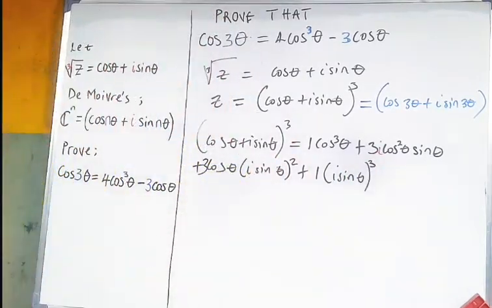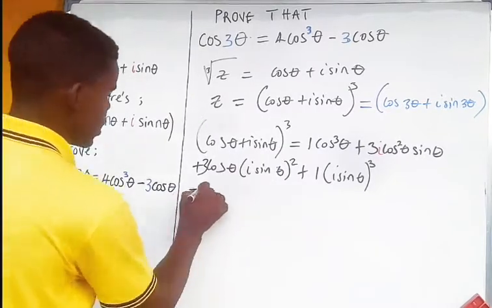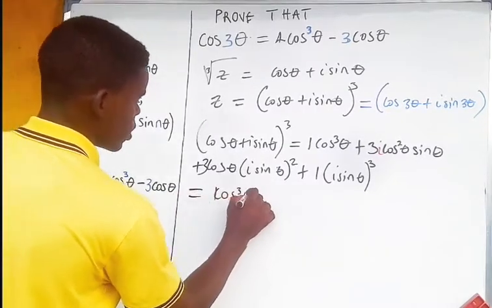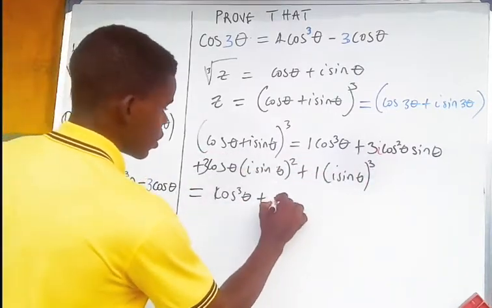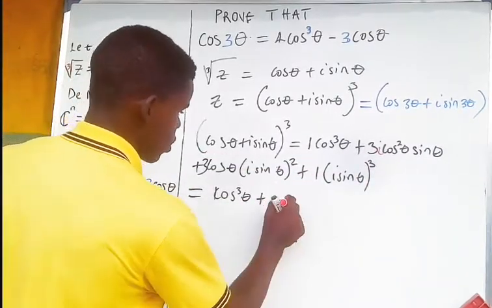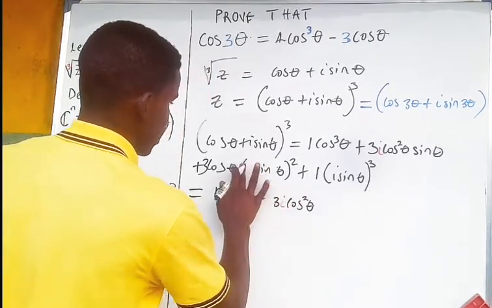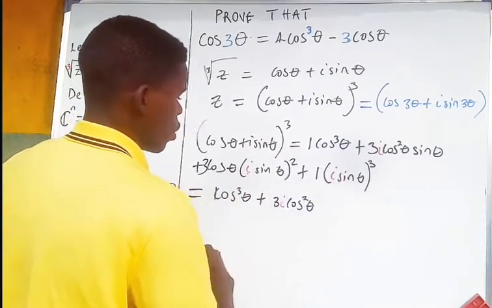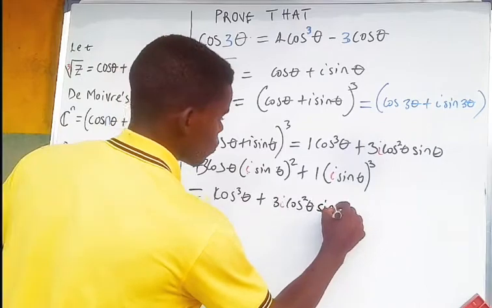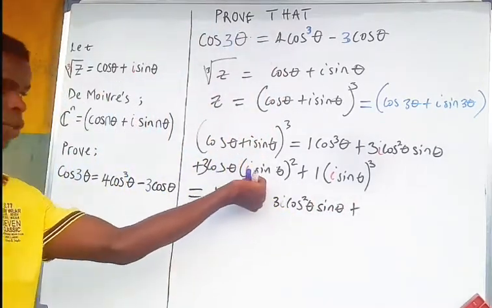Now from here we can simplify this further. Breaking it down, we have cosine cube theta plus 3i cosine squared theta sine theta, plus, now look at this, this is i squared, so let's evaluate this.